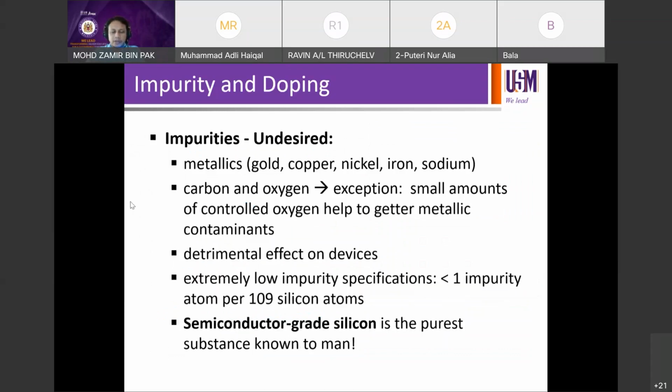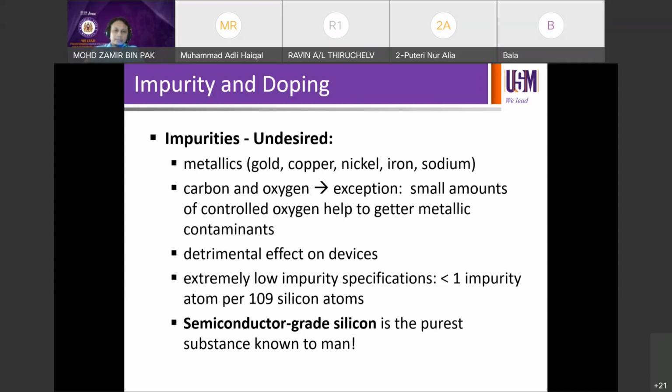Examples of the undesired impurities are metals, for example gold, copper, nickel, iron, sodium, platinum, palladium, aluminium. When we say they are undesired impurities, that means you don't want them to be there in the first place, but they are incorporated into the lattice somehow due to the processing or due to cross contamination, or some other unintended mechanism. We're going to learn that later on. So you don't want them to be in the lattice in the first place.